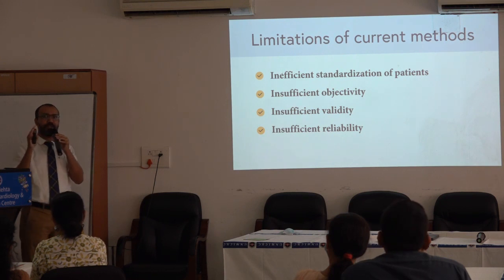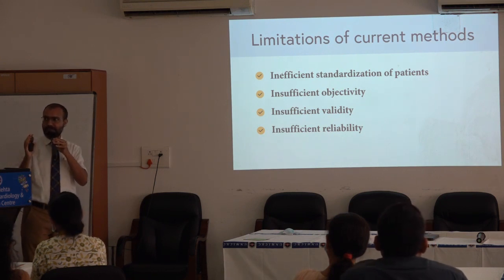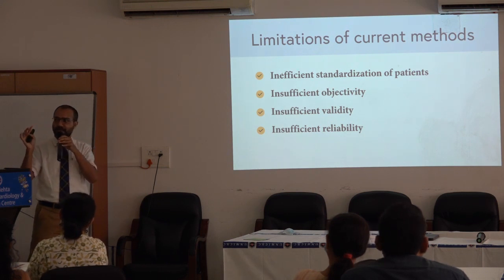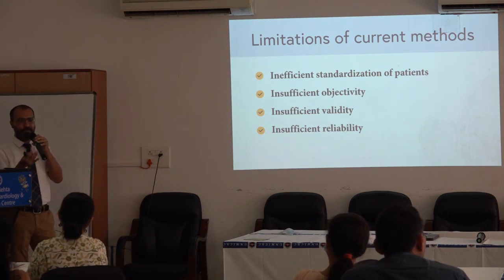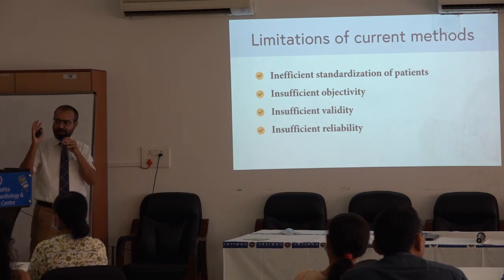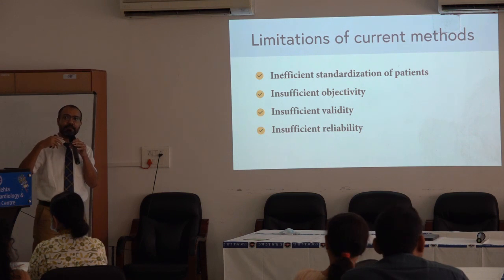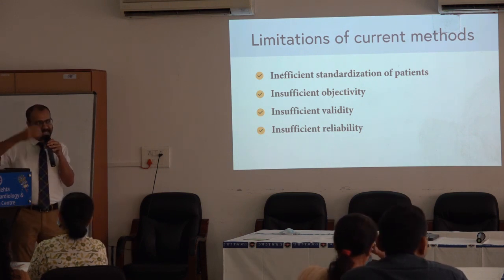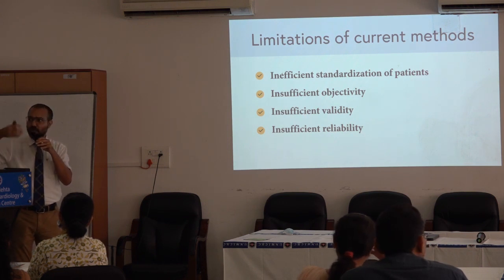I think attributes of assessment were taken, and there are 5 attributes of any assessment. They are validity, reliability, feasibility, acceptability, and educational impact. Of these, validity and reliability are most important. Validity is how effectively it assesses what it should assess.